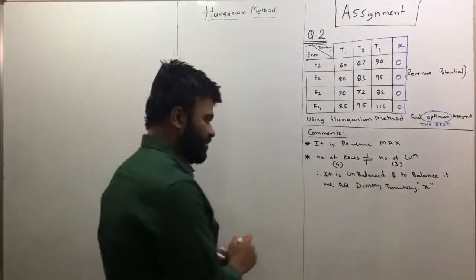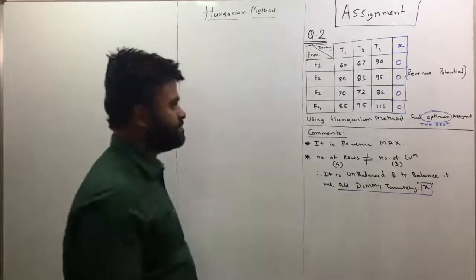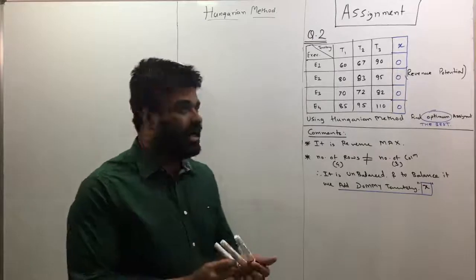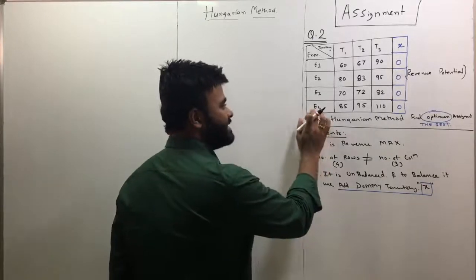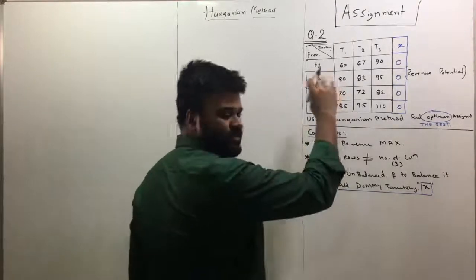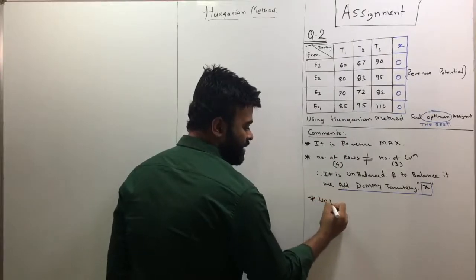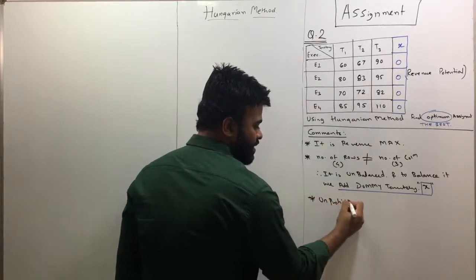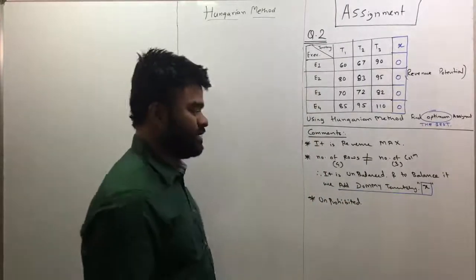Alright, that's what we did. We added a dummy X here. Fair enough. Now, let's go to the next one. Do you see that there is no restriction? It is not mentioned that an executive cannot work in a particular territory. Nothing like that is mentioned. We have numbers for pretty much all combinations. So here it is unprohibited, which means there is absolutely no restriction like we had in question number 1.